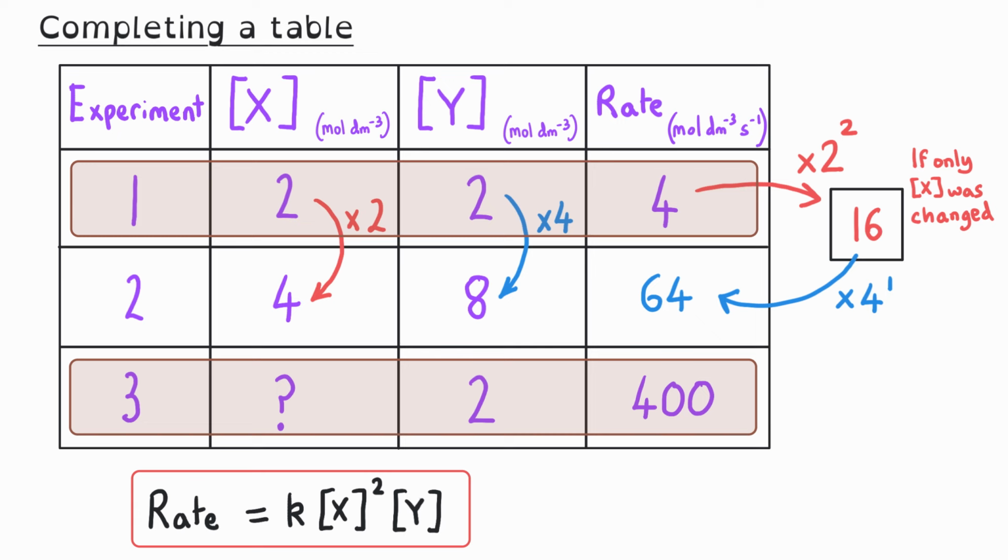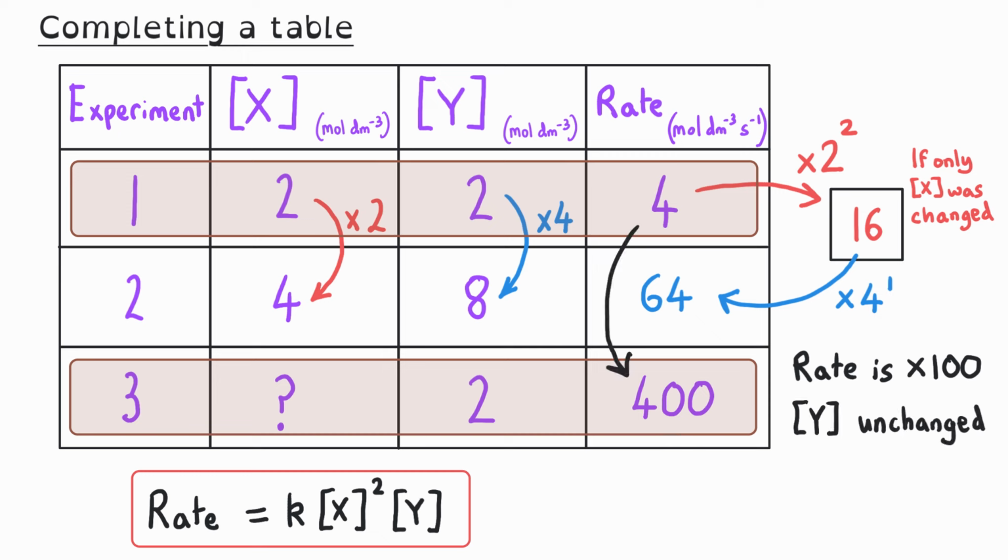And then if we compare experiments 1 and 3, we can see that the concentration of Y is unchanged in these two experiments, but the rate of reaction has been multiplied by 100. And so the rate has been changed by 100, the concentration of Y is unchanged, and so that means that whatever we've done to the concentration of X has been squared and then applied to the rate.